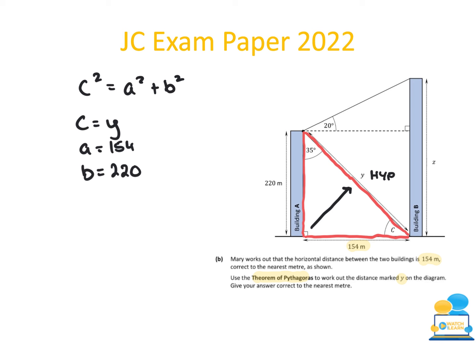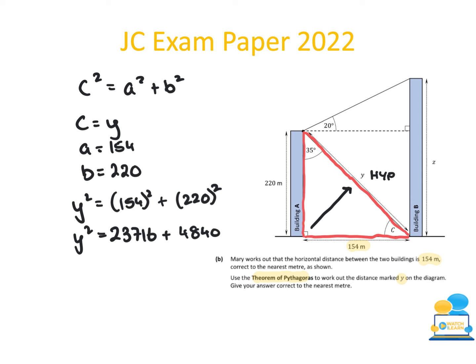I'm now going to input those into my Pythagoras' theorem as y squared for c, a squared, which is 154 squared, plus b, which is 220 squared. Working out those squares in my calculator, y squared is equal to 154 squared, which is 23,716, plus 220 squared, which is 48,400.